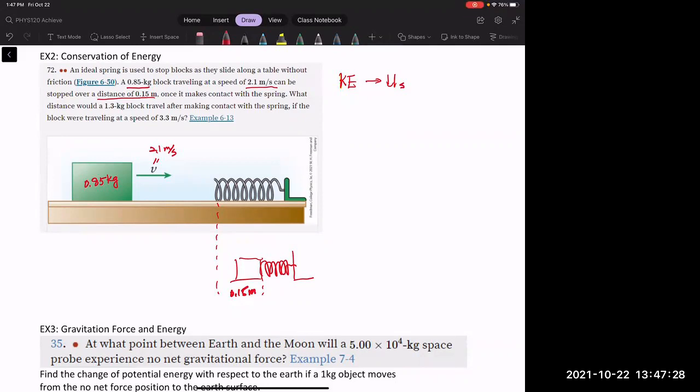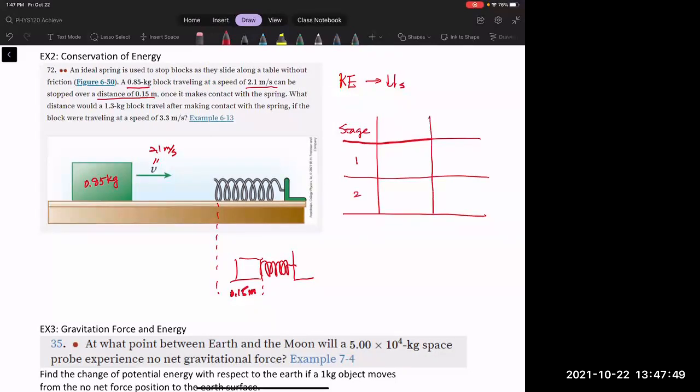So I told you the best way to solve this kind of problem is to create a table. So always I encourage you to create a table to solve this problem. Here I'm going to show you the table I will use. So the first column is the stage. I'll make the stage 1 and stage 2.